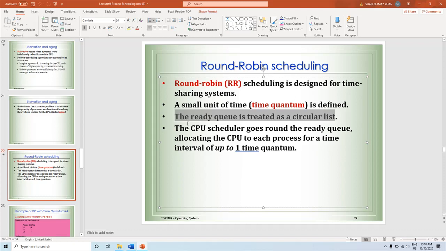So the processes would be allocated in FIFO order, and they can run in the CPU for the period of time quantum. Once the time quantum is finished, if the process has not yet completed its burst time, then it would come back to the ready queue. It would be added at the end of the queue. So that's why we call the ready queue in round robin a circular list.